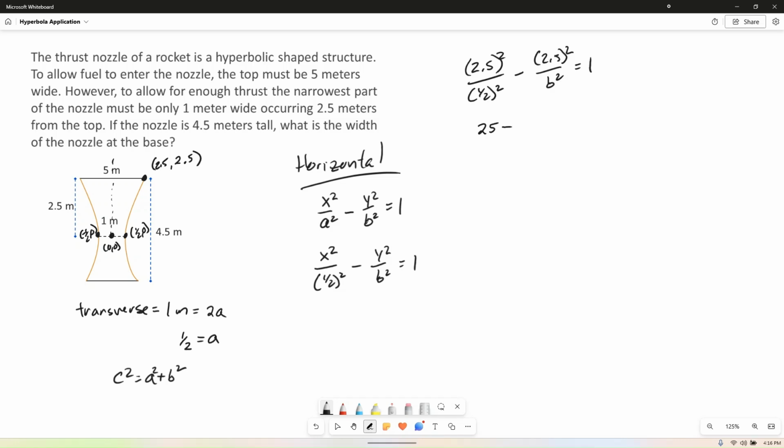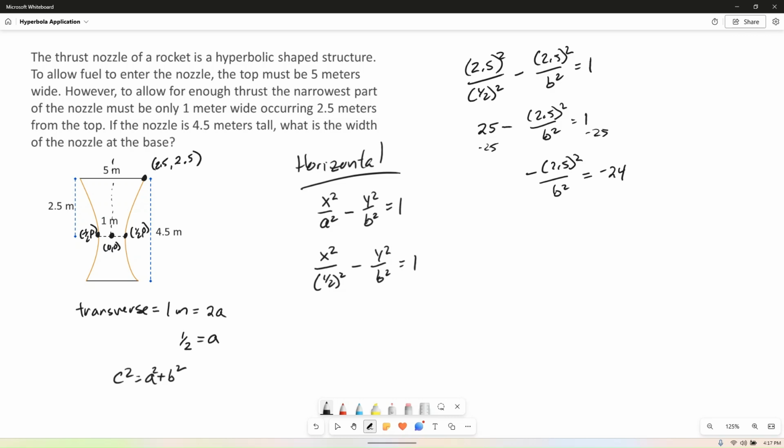So 25 minus 2.5 squared over b squared is equal to 1. I could then subtract 25 from both sides. So I would have a negative 2.5 squared over b squared will equal a negative 24.